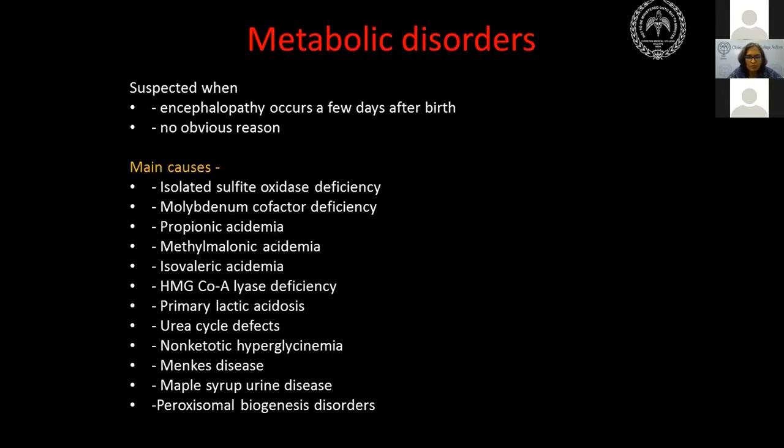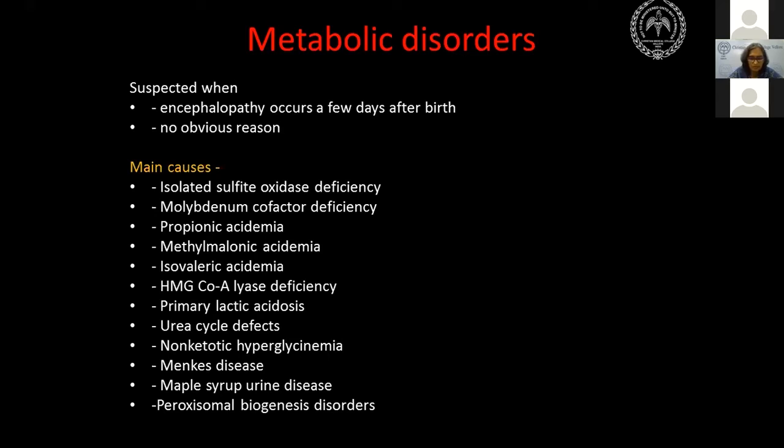Now moving on to the metabolic disorders that can cause neonatal encephalopathy. As you can see here, there is a long list of causes and we won't be able to cover everything, but we need to remember that metabolic disorders need to be suspected when encephalopathy occurs a few days after birth and for no obvious reason.